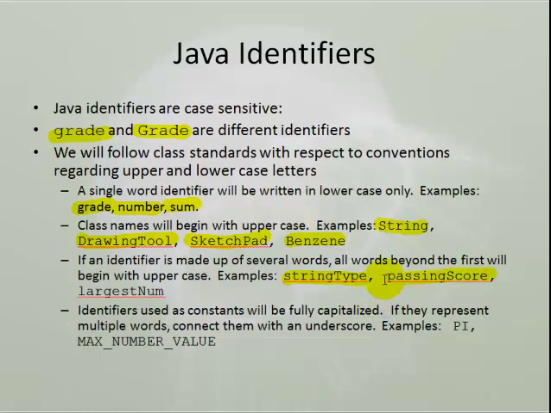Okay, so passing score, I'm assuming that this is referring to a variable, just a simple variable, but passing score is a descriptive name for it, and so the P should be lowercase, and the S, because it's the second word, should be capitalized. Similarly, largest num.